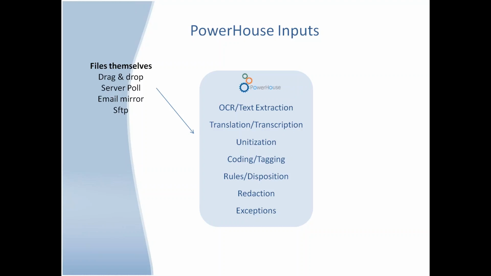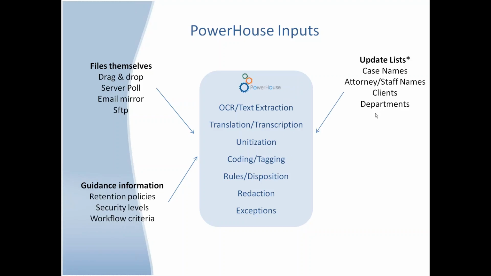So there are a couple of inputs that go into Powerhouse. Of course, they are the files themselves. These are the ones that are to be classified. Then there is what I would call guidance information. If you have retention policies or definitions of your security levels, if you have different workflow criteria, this is how we store documents for a case matter. Guidance information. And then also what I would call update lists.